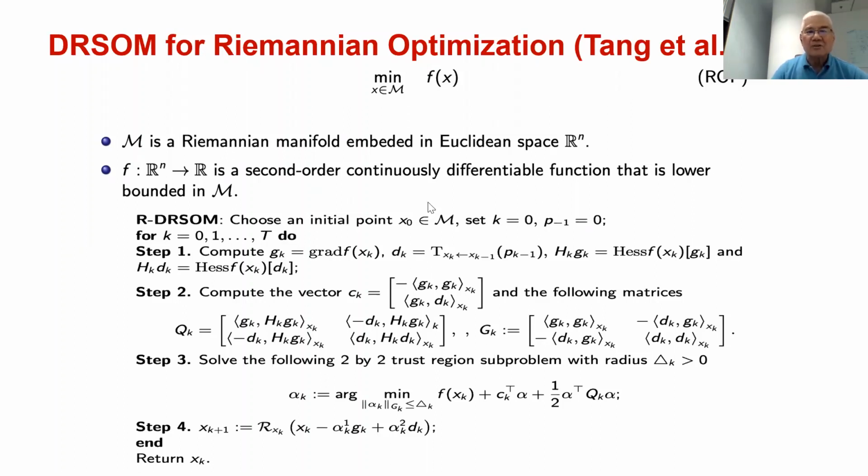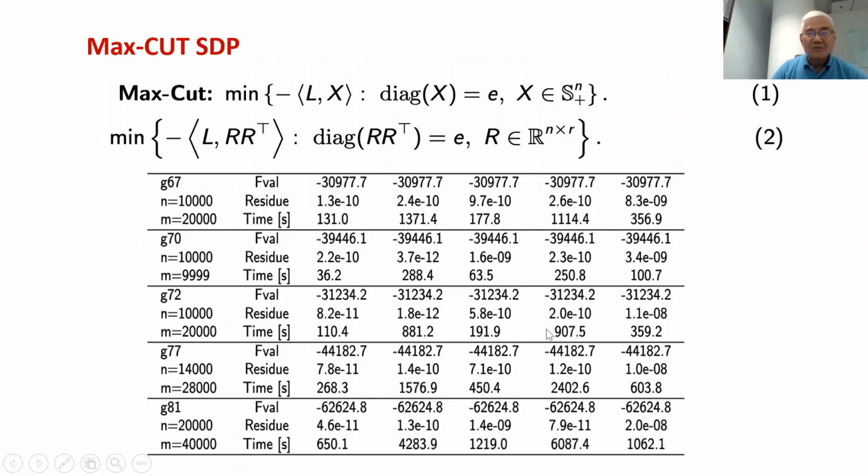Traditionally, they just use the gradient method or accelerated gradient method. Now they use DR sum, and then project it.